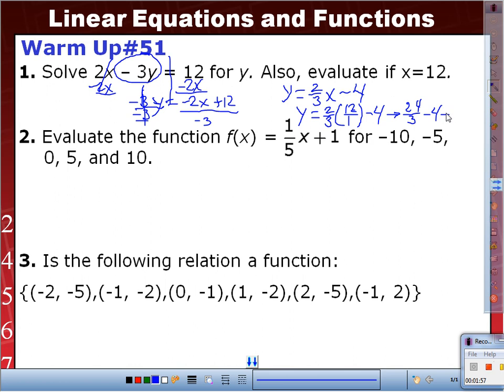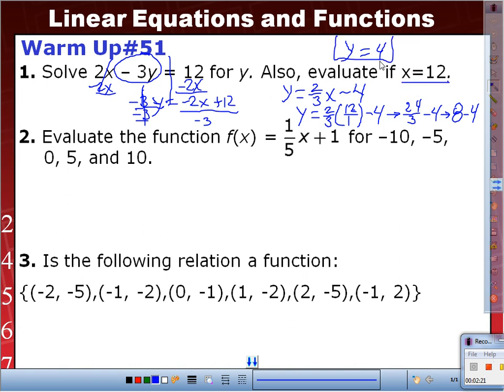What is 24 over 3? 8. What is 8 minus 4? 4. Therefore, this is y equals 4 if x equals 12.